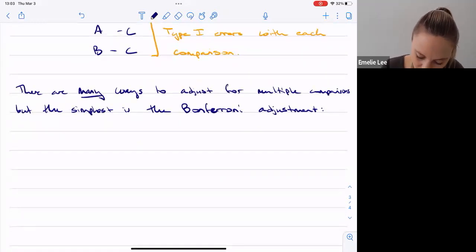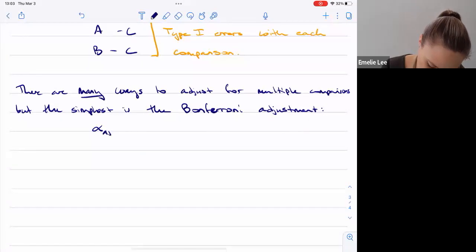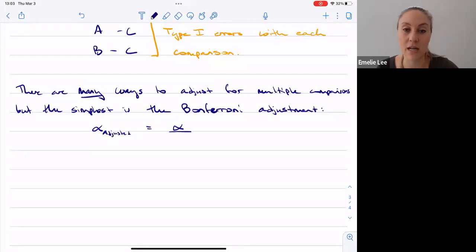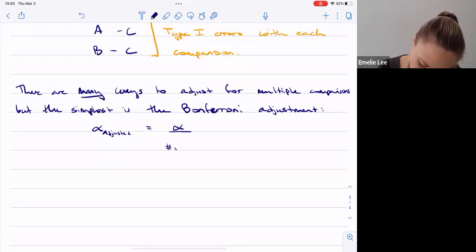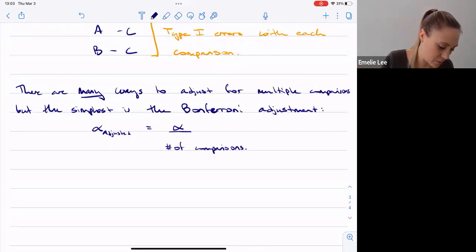The Bonferroni adjustment says that your adjusted alpha is the original alpha divided by the number of comparisons. Right, so for these three pairwise comparisons, I would do 0.05 divided by 3.